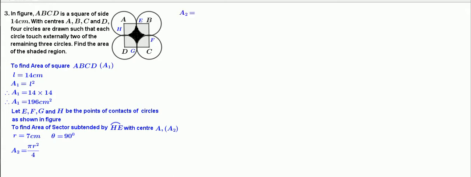A2 can be written as 1/4 into 22/7 into 7 into 7. Here 7 gets cancelled. A2 equal to 154 by 4. Here 22 into 7 is equal to 154.